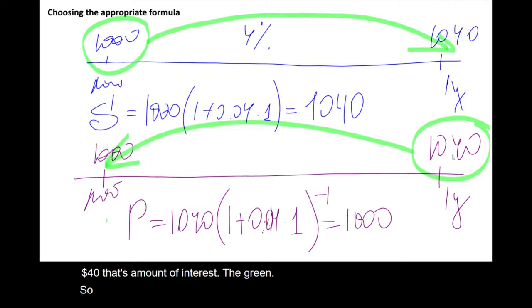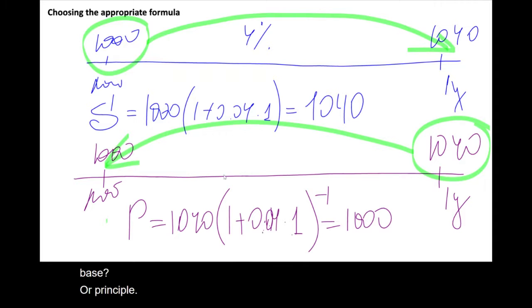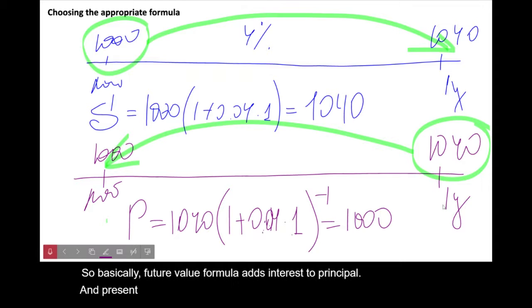So what you do, you strip that interest from that amount, and you receive base or principal. Okay. So basically, future value formula adds interest to principal, and present value formula strips that interest from future value. So it's a reverse process.